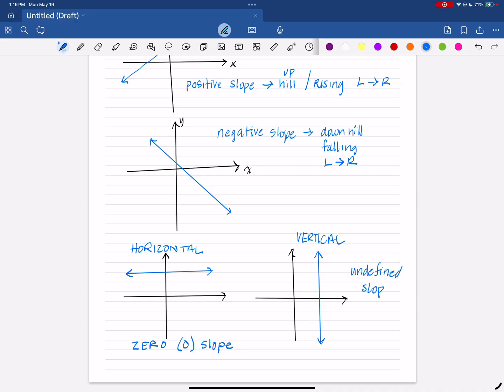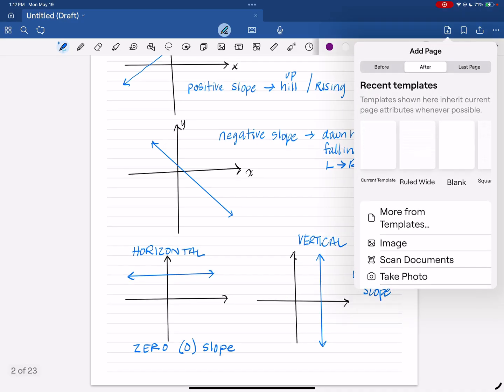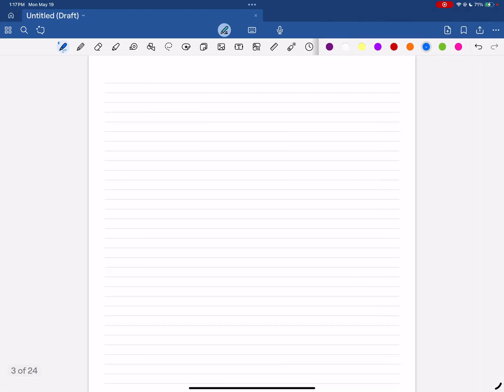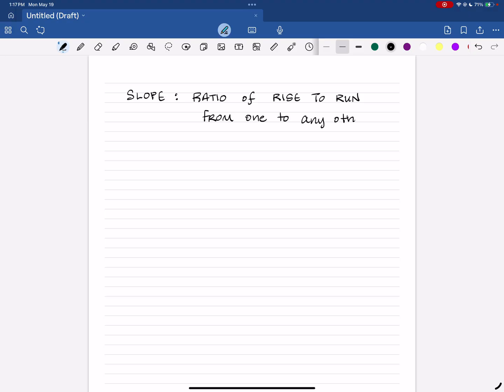So let's talk about why a slope can be positive, negative, zero or undefined. Slope is defined to be the ratio of rise to run from one point to any other point on the line.